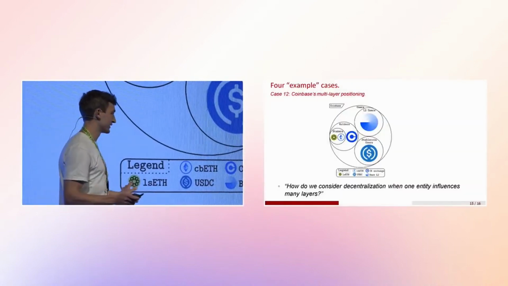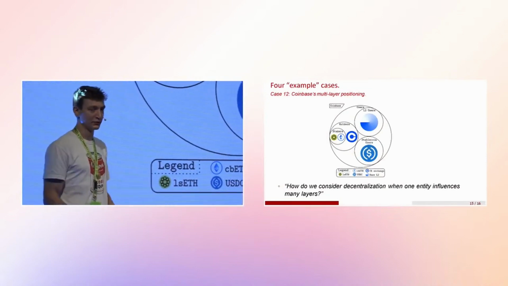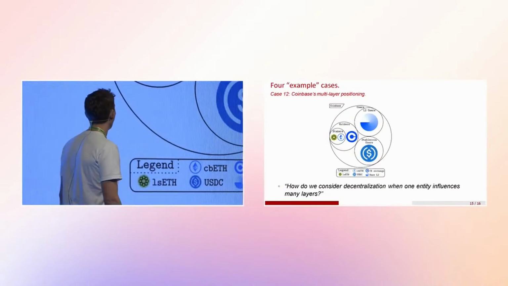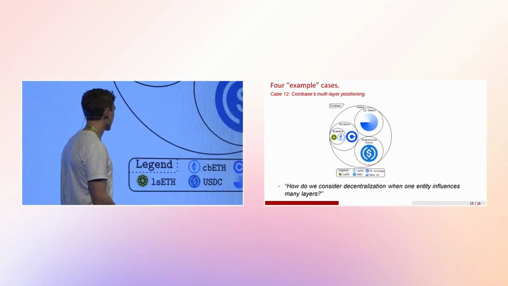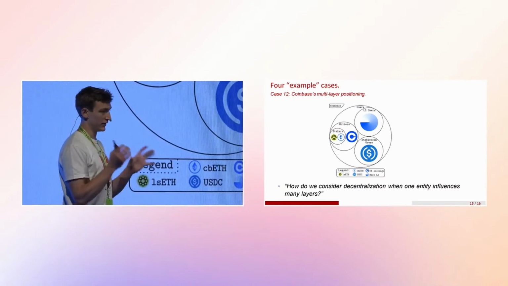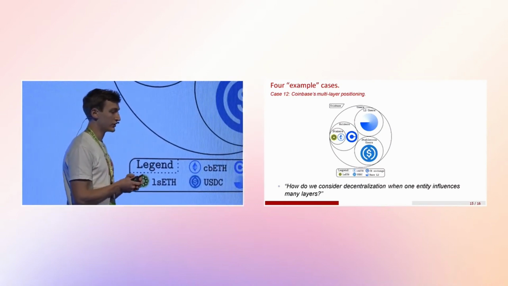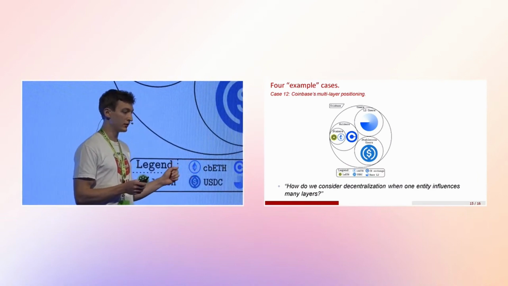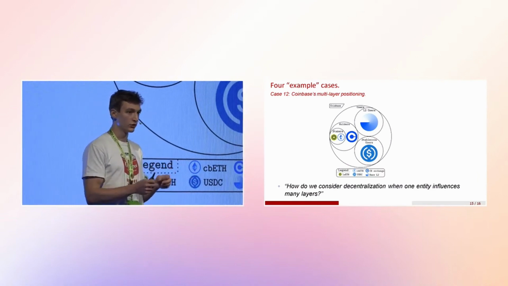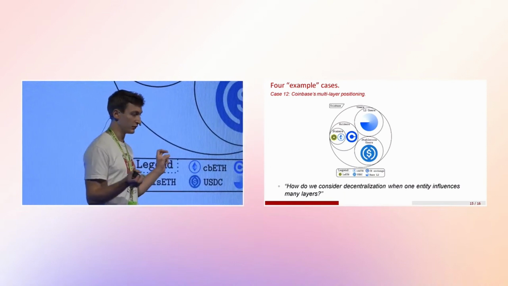Cool. And this is the last case. Thanks for bearing with me through 12 cases. This takes a slightly different look at the same problem. Up until this point we've thought about a single project having too much control over a single entity or a single set in our model.